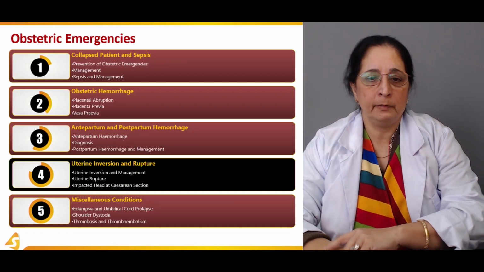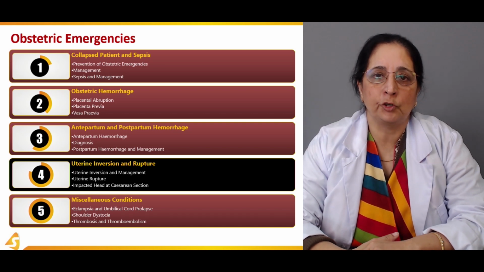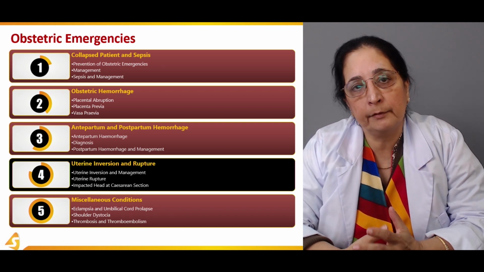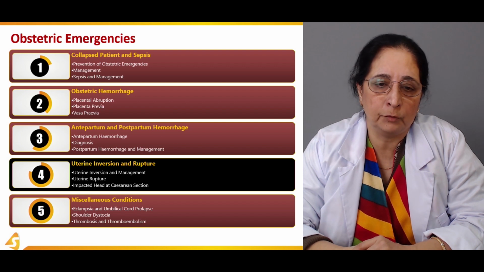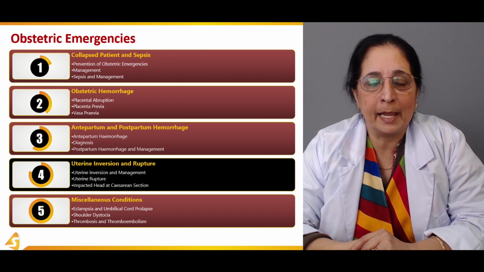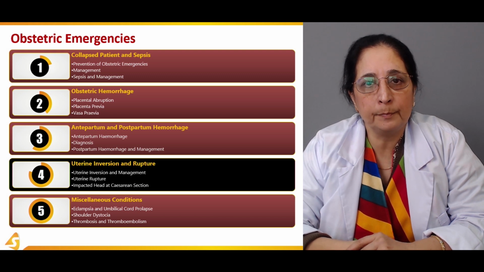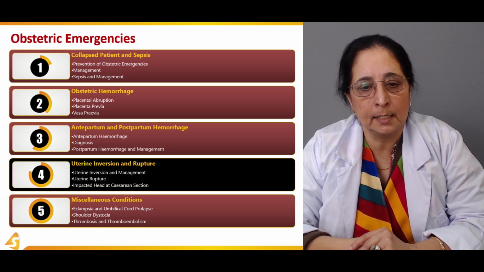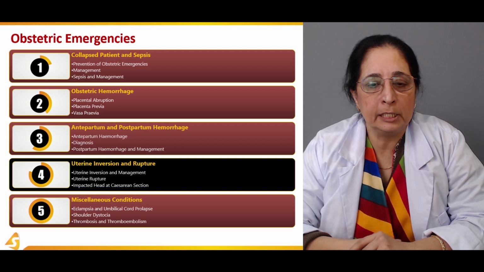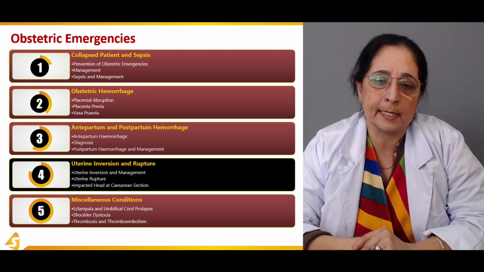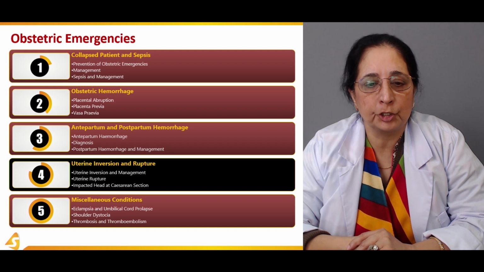In this section, we will talk about what is uterine inversion, what are the different types of uterine inversion, how we can manage that, and then how the uterus ruptures during the pregnancy, and how we can manage if the head is impacted at C-section delivery.